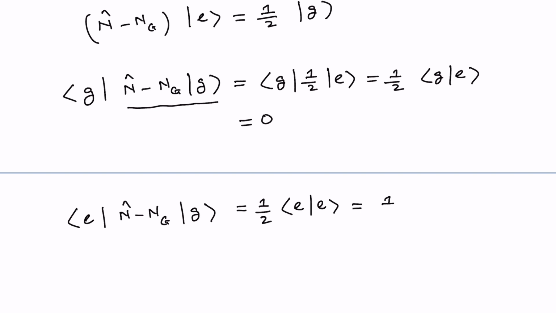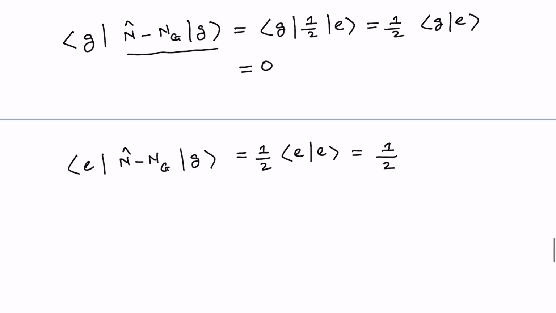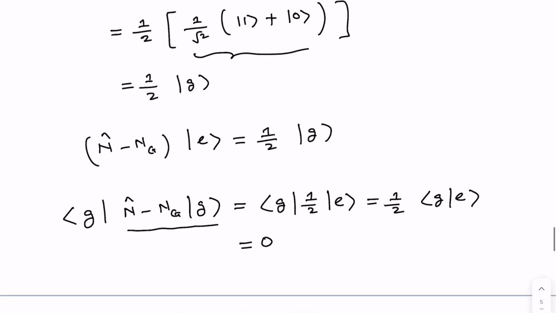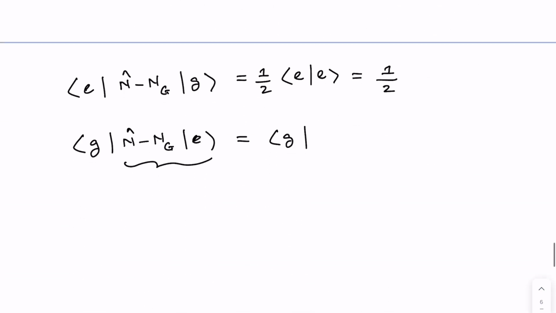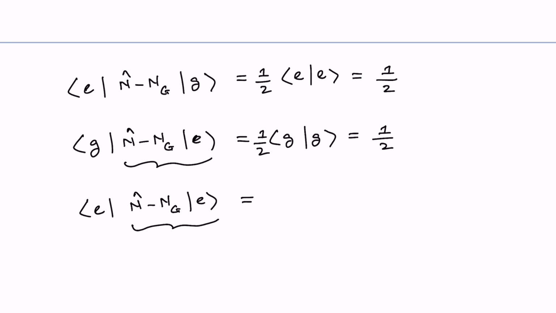So this is going to give me 1/2, and you will get z n minus nz e, and we know that n minus nz ket-e, this we have worked out, that is 1/2 of z. So therefore you will get here ket-z 1/2. So this is going to give you again 1/2, and because n minus nz on e is going to give you 1/2 ket-z, therefore you are going to get 0.